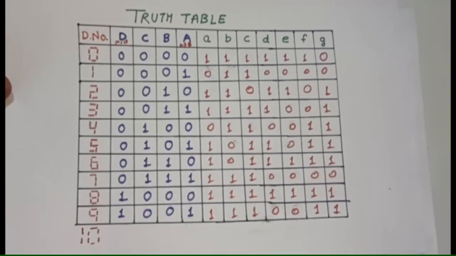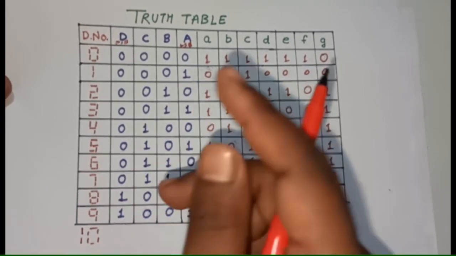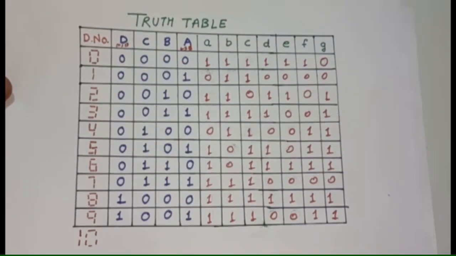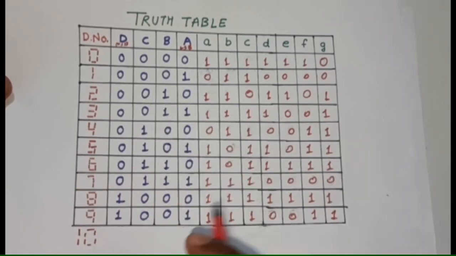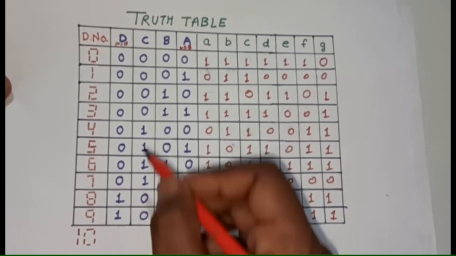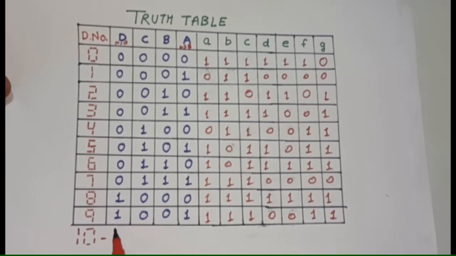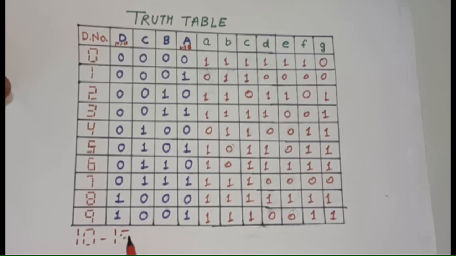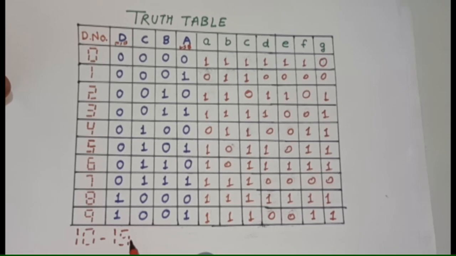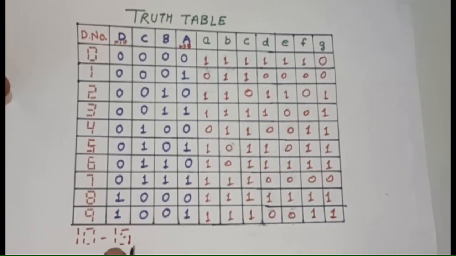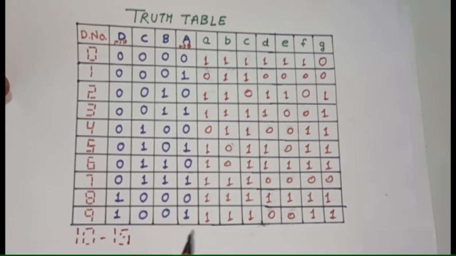For a single 7 segment display we have only 0 to 9 as digital numbers. So the remaining 10 to 15, out of the 16 combinations since we started with 0, will be considered as don't care conditions.